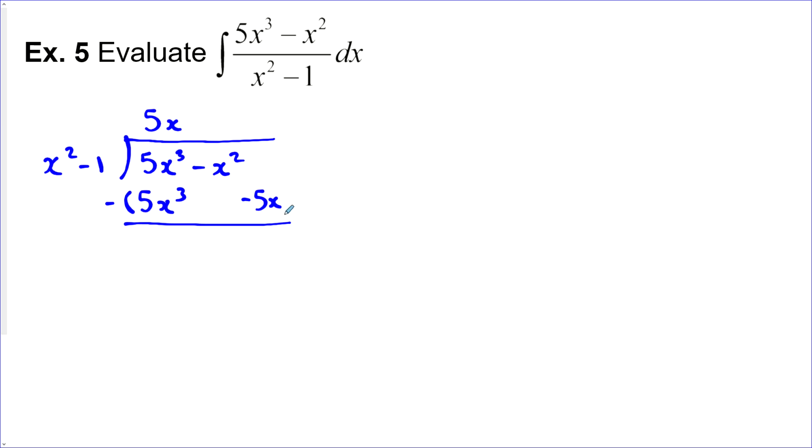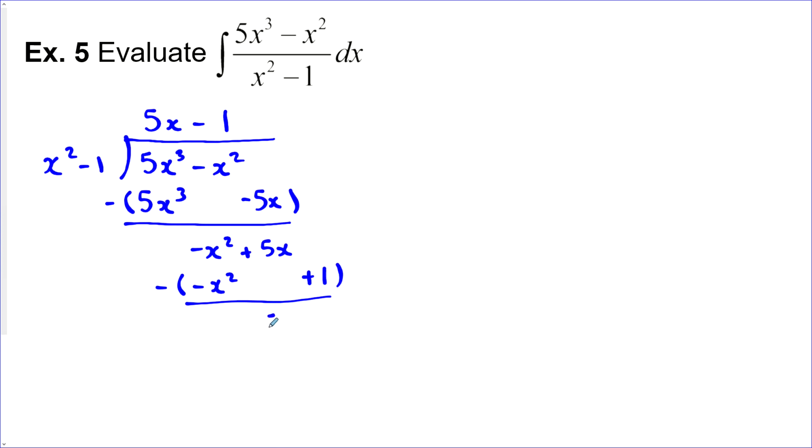And we're subtracting this, so we have 5x cubed minus 5x cubed is 0. We've got a negative x squared plus 5x. And looks like then we'll need a negative 1 next. Multiply that, negative x squared and plus 1. And then we're going to subtract that, so that cancels.